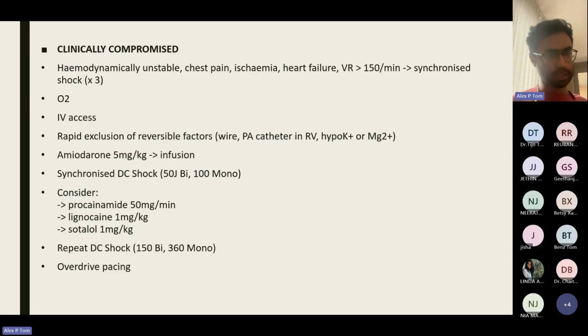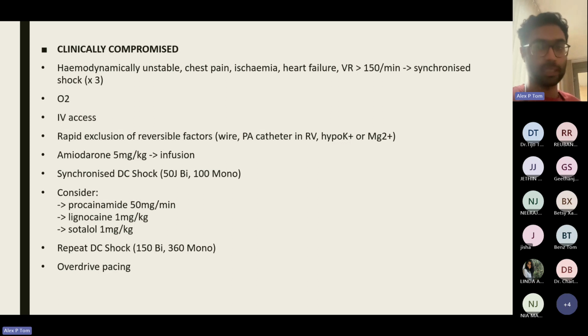If the patient is just clinically compromised, that is, you still have a pulse, but there are signs of clinical compromise: chest pain, ischemia, heart failure, the patient is hemodynamically unstable, then the important thing is to exclude what would be the causative factor for this VT. So dyselectrolemia, check your magnesium and potassium.